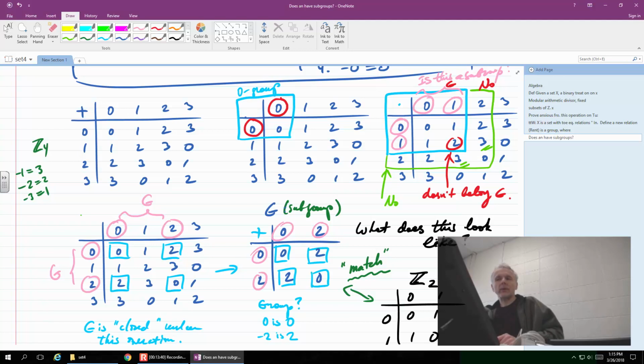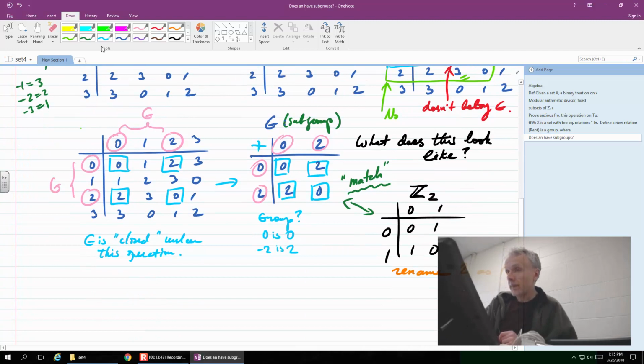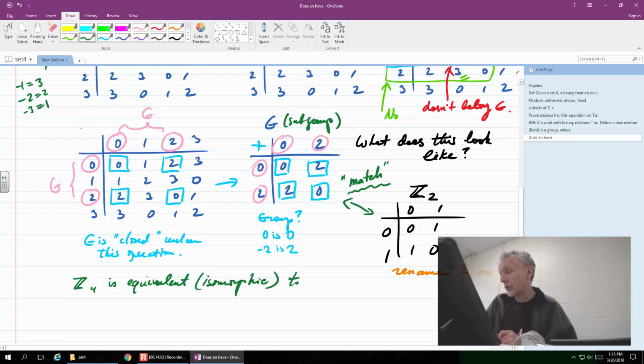That's something what I'm looking for. So some element that actually, when added to itself, gives me 0 in some sense. And the example would be, so Z4 is equivalent to, the word is isomorphic, but we're not going to use it, but just worth mentioning, to what?